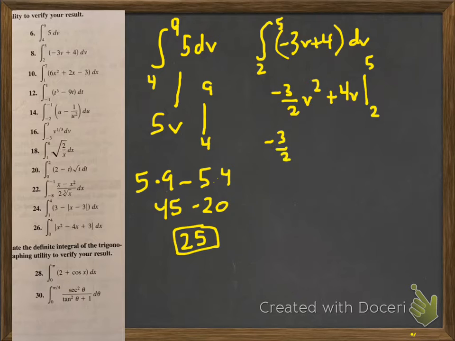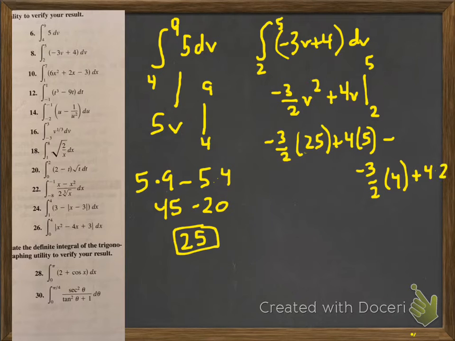Negative 3 halves times 25 plus 4 times 5, that's the first half, minus negative 3 halves times 4 plus 4 times 2. And that whole quantity is subtracted.